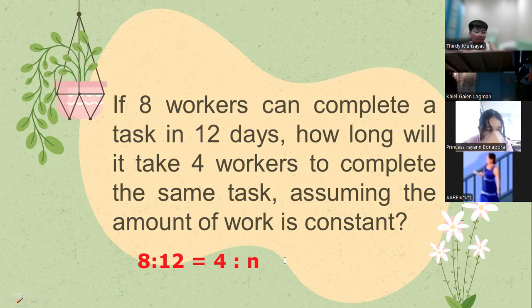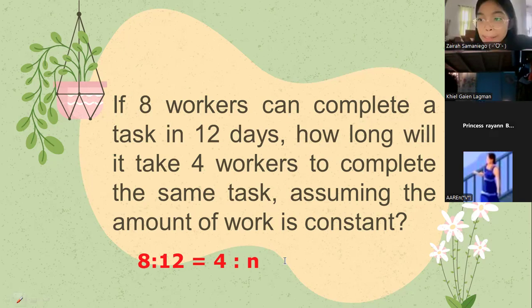It's easy. Teacher, it's easy too. It's actually 24. What? 24, Kirby. No, it's not. Because 8 workers complete the task in 12 days, so 8 is bigger than 4. So 4 workers will complete the task in 24 days. Huh?